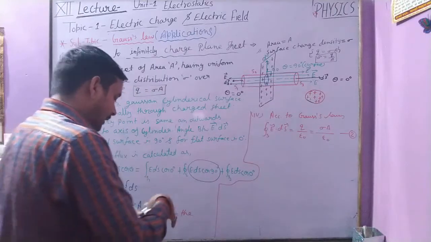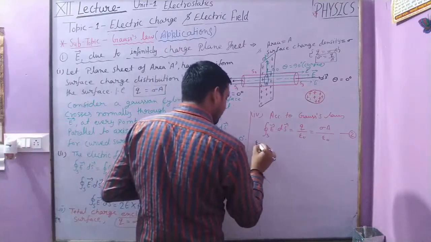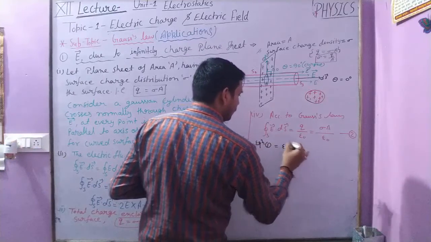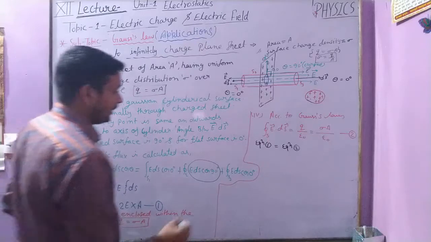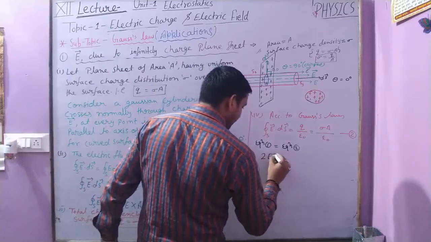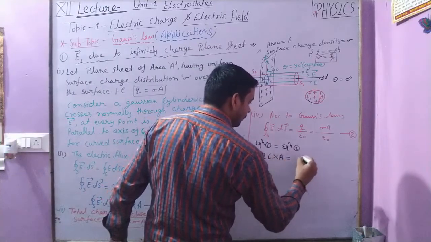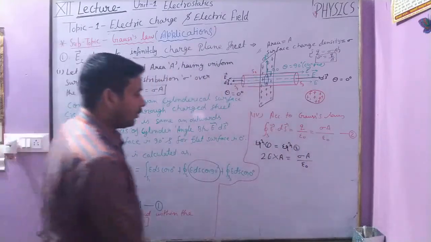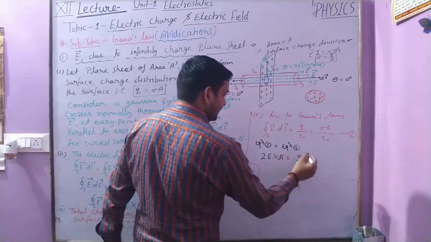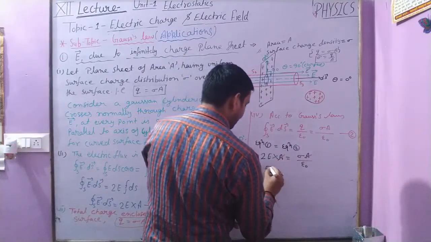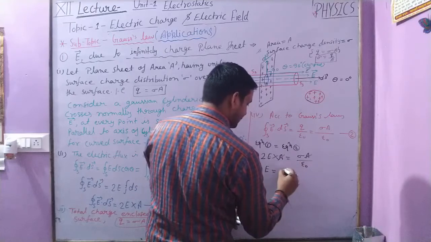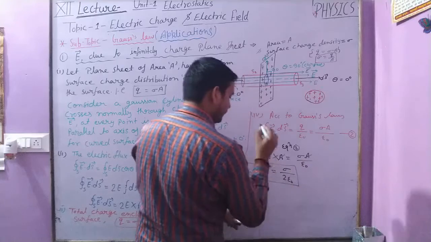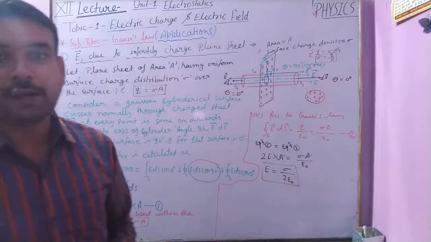Now on equating equation 1 to equation 2, we get 2E into A equal to sigma A upon epsilon naught. Now this A cancels and we get the result electric field E equals sigma upon 2 epsilon naught. This is the required result.